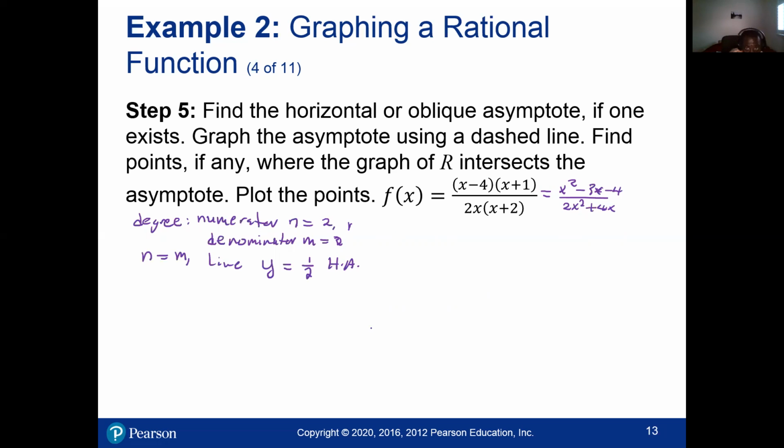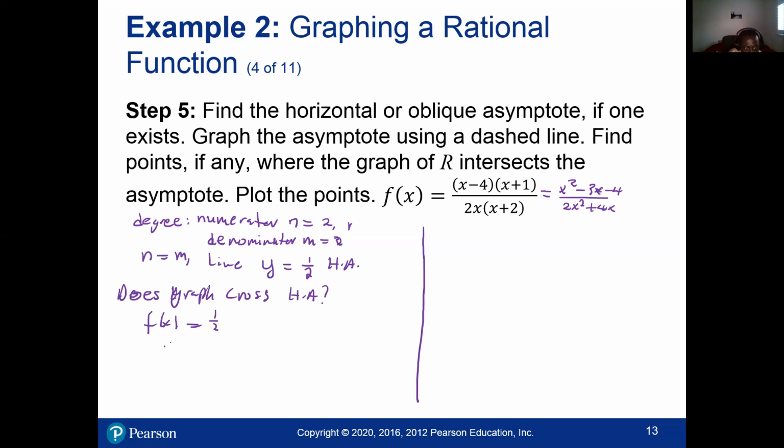Okay. So now we want to determine whether it crosses it. We did this, so I want to repeat. Now, does the graph cross the horizontal asymptote? That's the question. So we solve the equation. We have f of x, we set it to y equal to 1/2, and solve that.